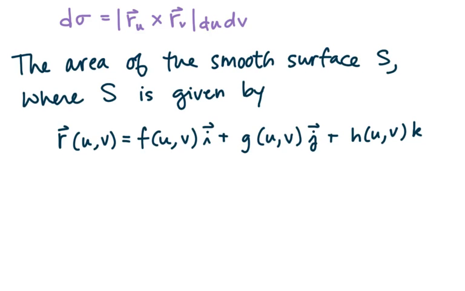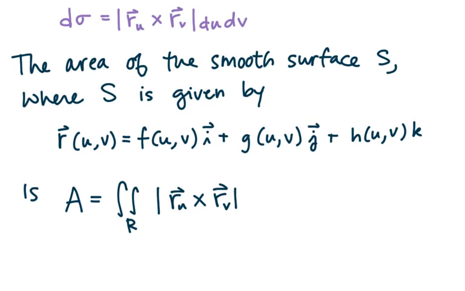Then the area of the smooth surface S, where S is given by the parametrization r of uv, is going to be that area equals the double integral over R of the magnitude of r partial u crossed with r partial v dA.